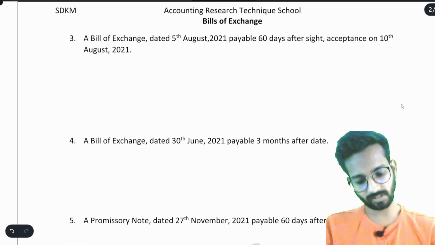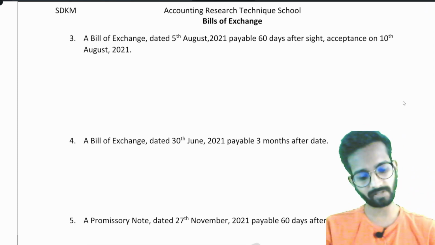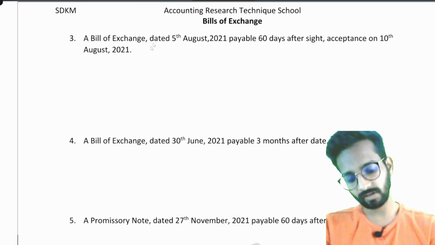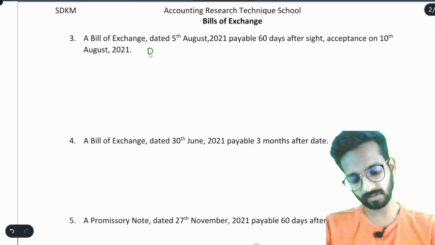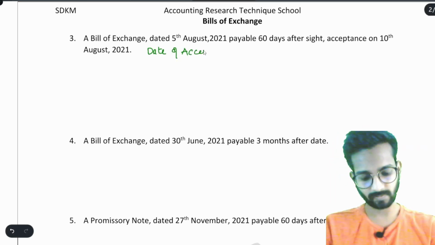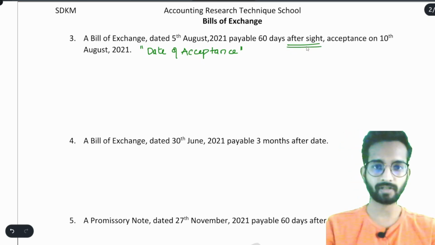A bill of exchange dated 5th August 2021 payable 60 days after sight. After sight is given, it means we have to calculate the number of days from the day of acceptance. It means date of acceptance. Date of acceptance becomes important because it is mentioned it is after sight.